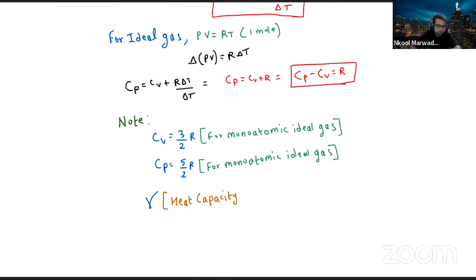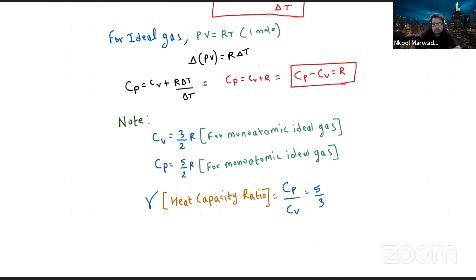It is equal to Cp by Cv, which is equal to 5 by 3.